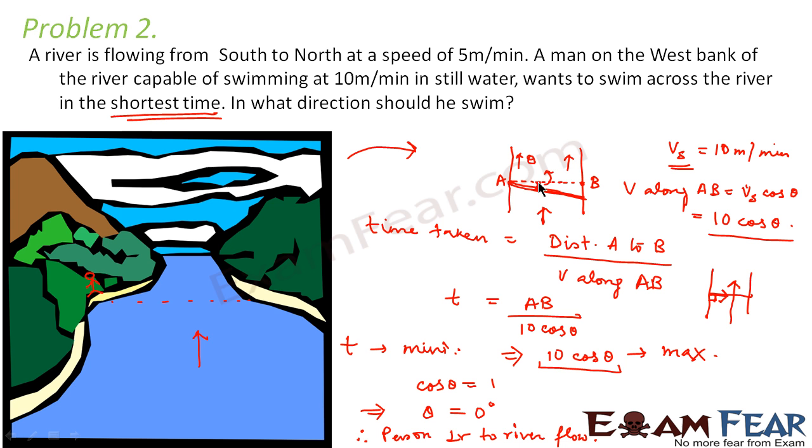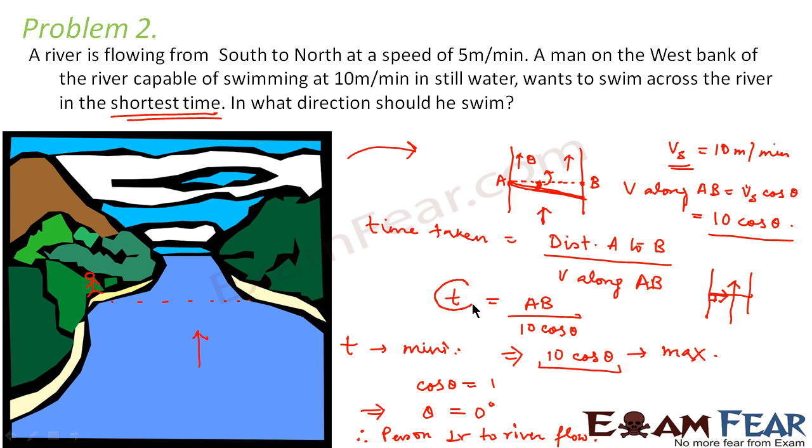So let us suppose that his flow in still water will get deviated through an angle theta. Therefore, the velocity along this direction would be Vs cos theta, that is 10 cos theta. Now, the time taken to reach from A to B would be distance AB divided by velocity along AB, and this is 10 cos theta.